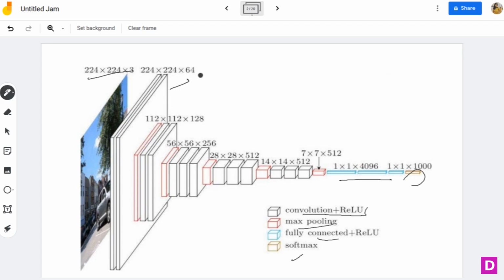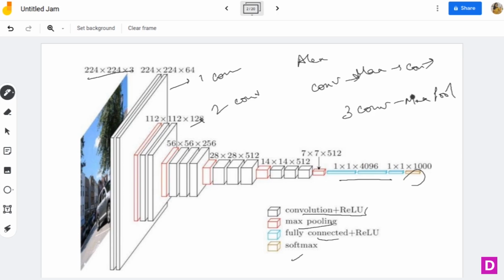Obviously this is one convolution, this is the second convolution layer. So what is the main difference that you can see here? In AlexNet, there was one convolution which was followed by one max pooling, then again convolution, and this went on until the very end, where they added 3 convolutions and then one max pooling. Here this is a totally different thing.